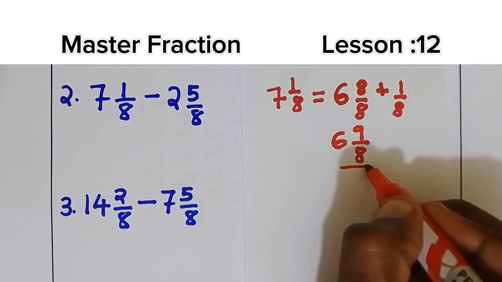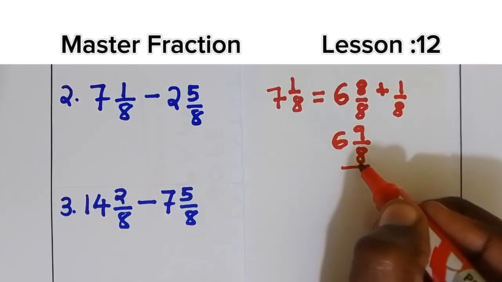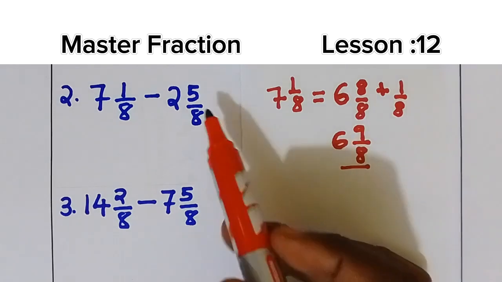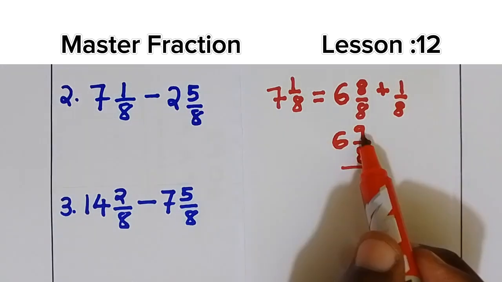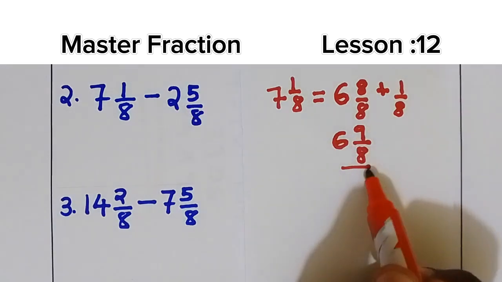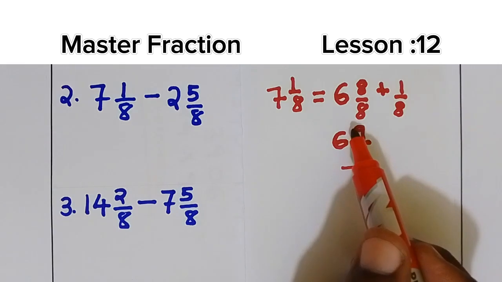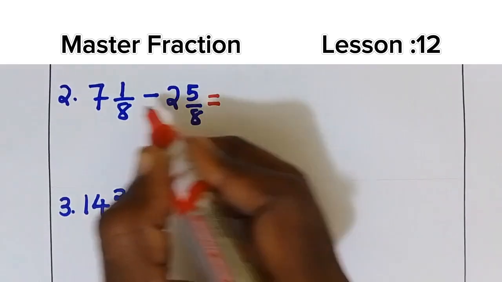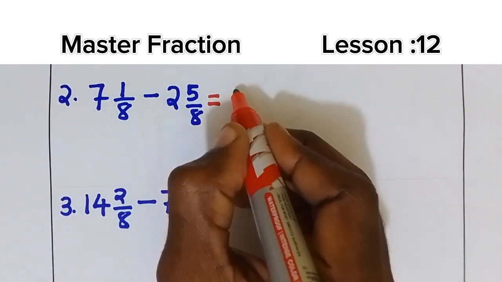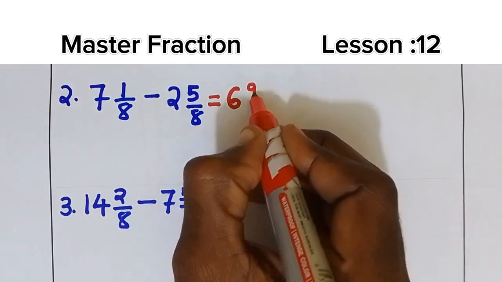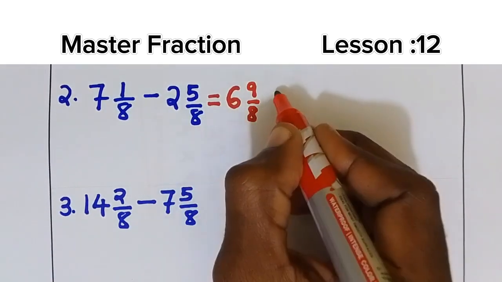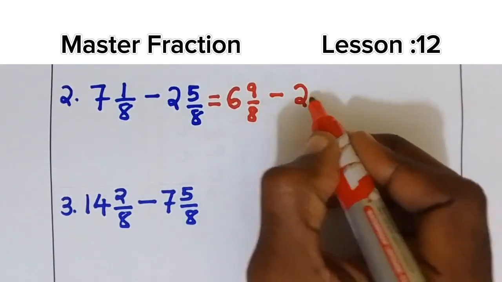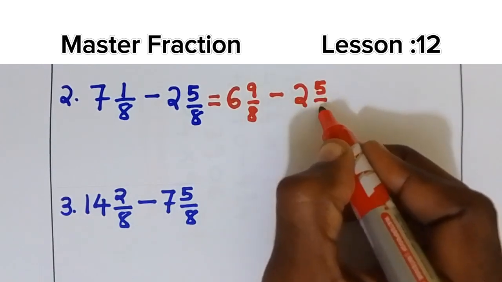So it is possible now to take away 2, 5 over 8 because already I enlarged this fraction. This is going to be equal to 7, 1 over 8 is the same as 6, 9 over 8, take away 2, 5 over 8.